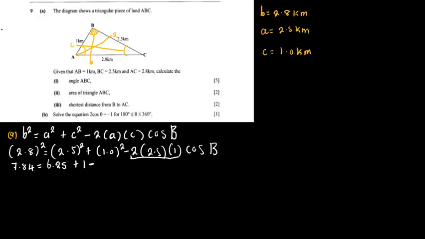So we are going to get 2 multiplied by 2.5. Notice that we're getting a 5 cosine B. All right, so this is going to be 7.84 equal to, now 6.25 plus 1 is 7.25. So we have 7.25 minus 5 cosine B.